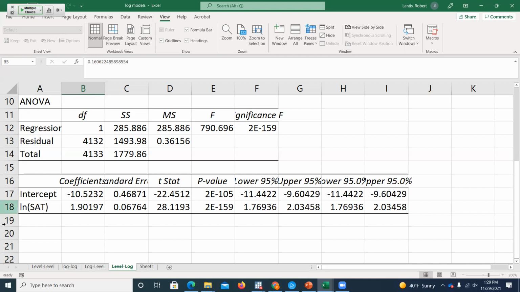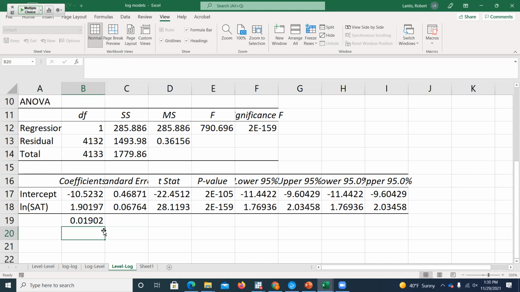So the effect of a 1% increase in SAT scores predicts that GPAs would go up by 0.019 points of GPA. I never really thought about what the units of GPA are, but it's on the 0 to 4 scale.